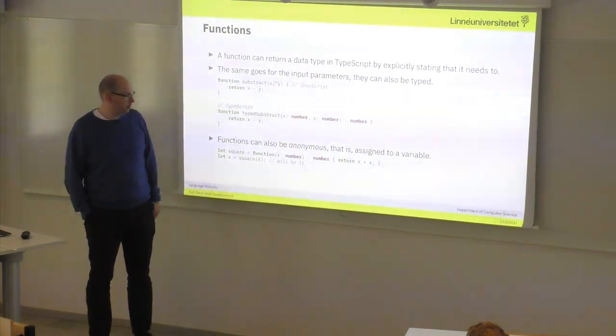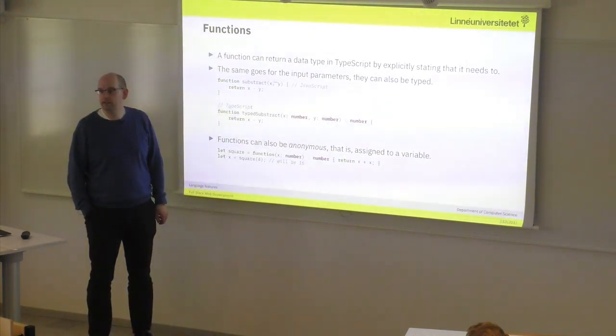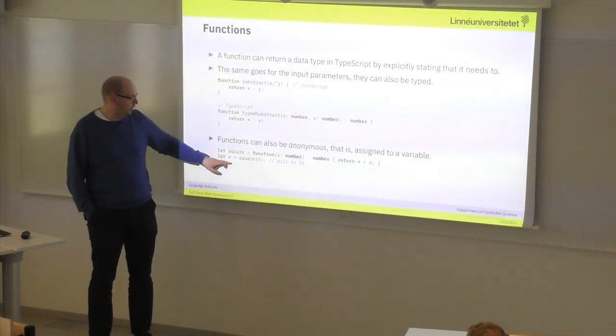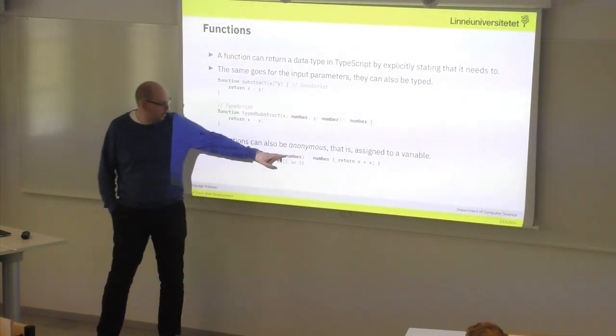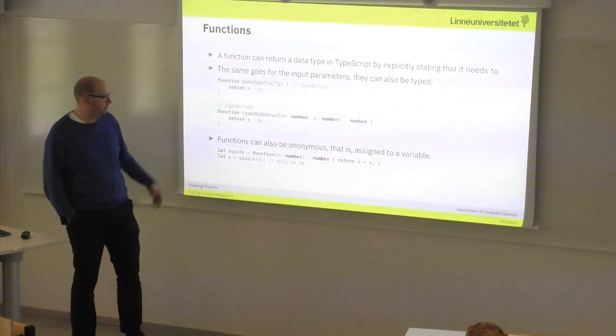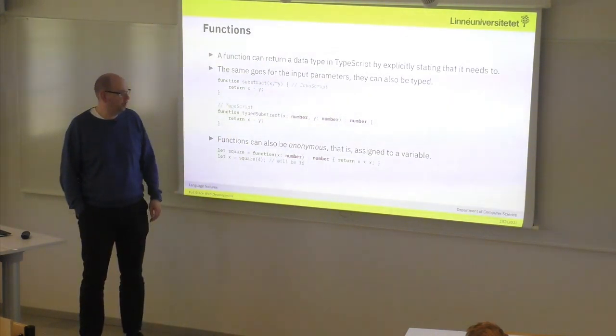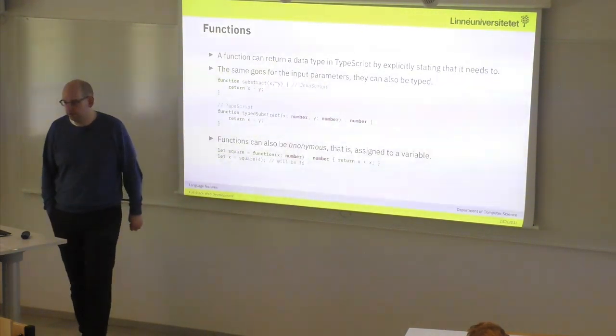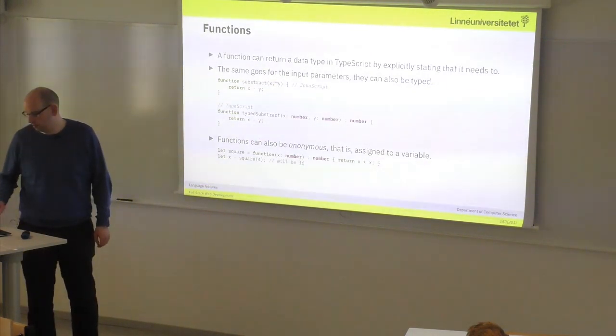They can be anonymous, just like in JavaScript, but with, as you can see over here, types. So square in this case is a function which takes a number and returns a number, and the implementation is x times x.